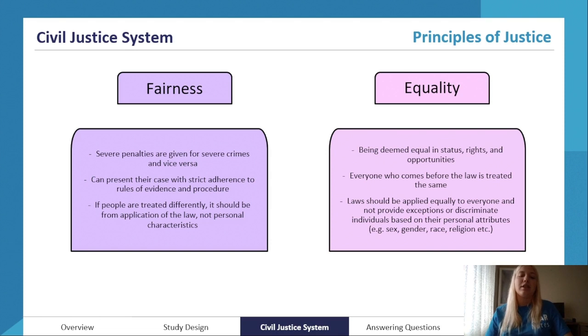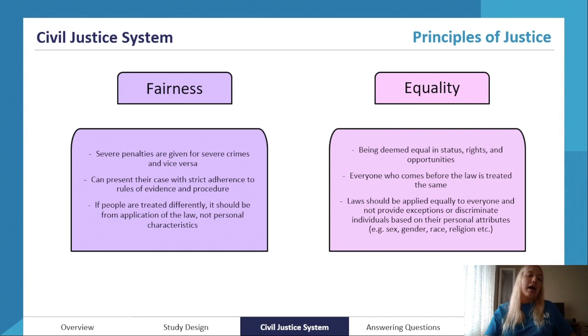Now, same thing with cases within the civil justice system, for a similar set of circumstances where the plaintiff's civil rights have been offended by another person. The amount of damages or the types of injunctions that that defendant may have to receive if they are found liable should be the same for anyone with a similar set of circumstances.